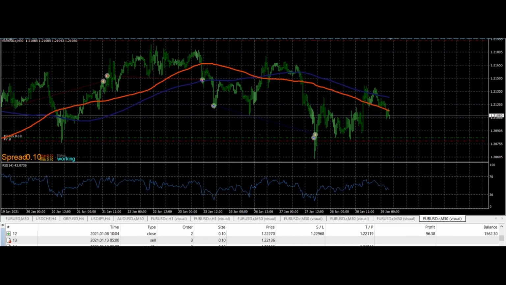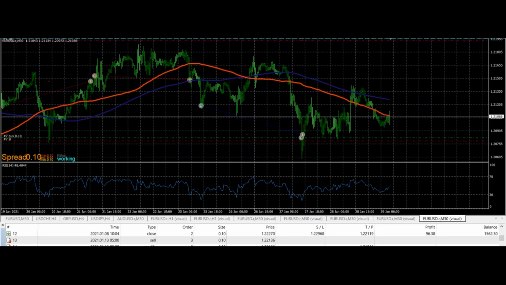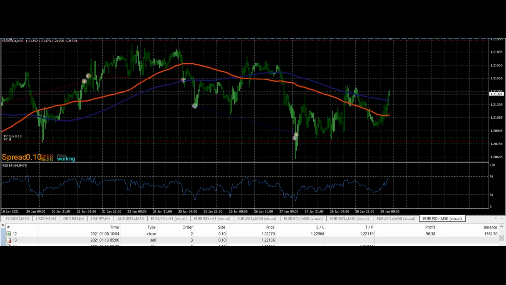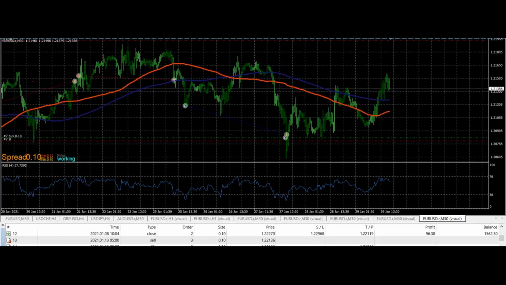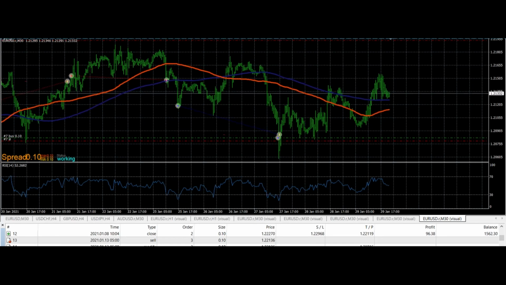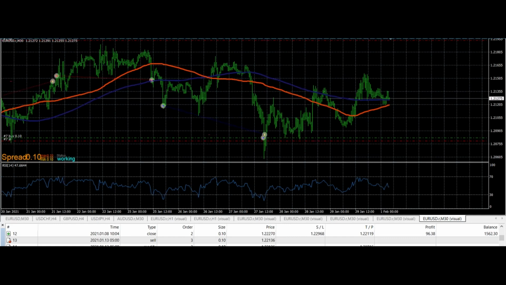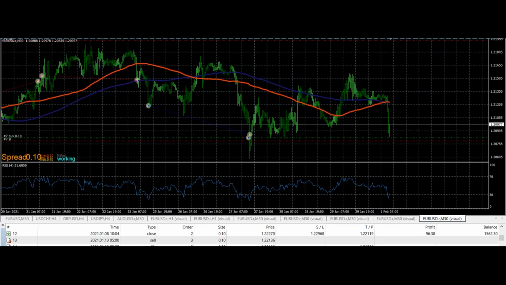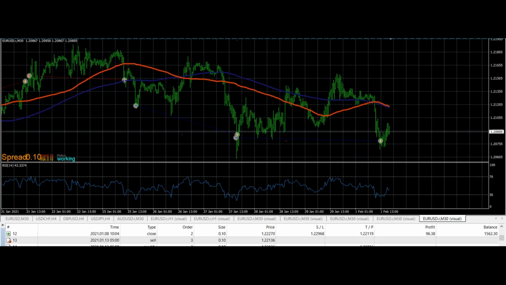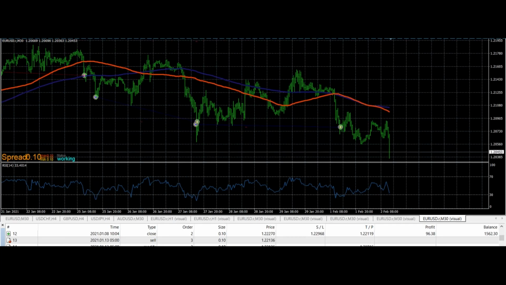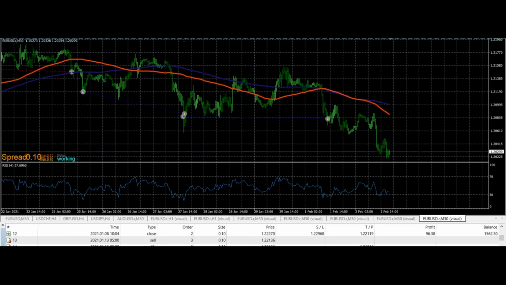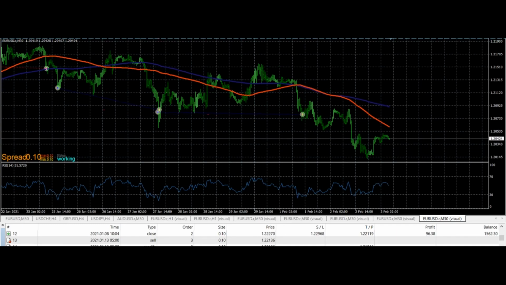So as you see, the EA started to trade for us, and we are in some profit already. When you see the red lines when it takes a trade and it writes to the screen sell, it means that we took a short trade.